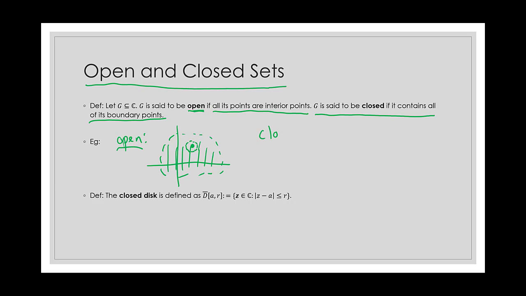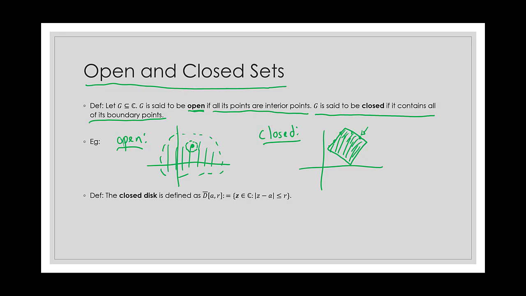Something that would be closed would be, let's say, this diamond shape. This would be a closed set because it does contain all of its boundary points, everything around the border here.